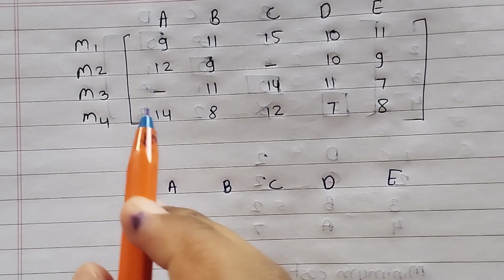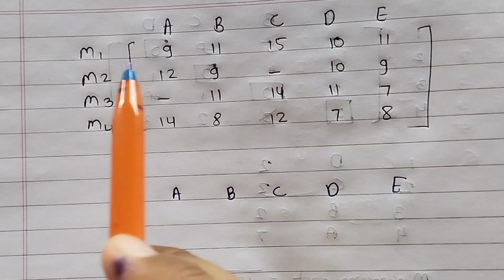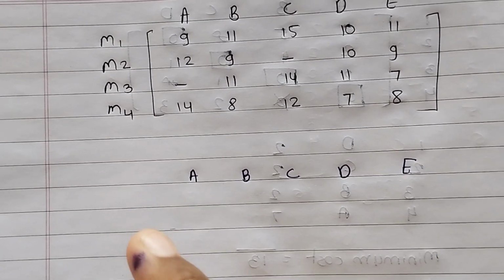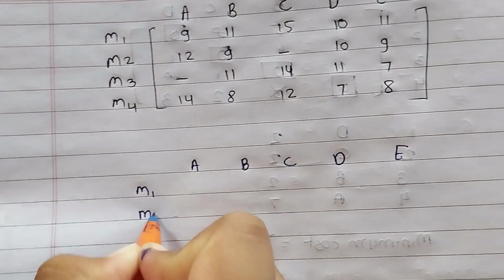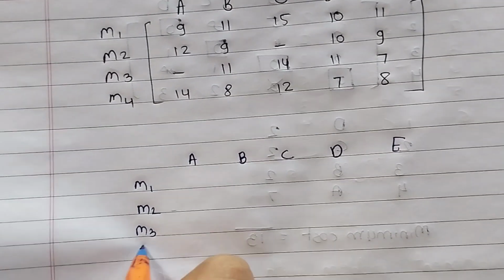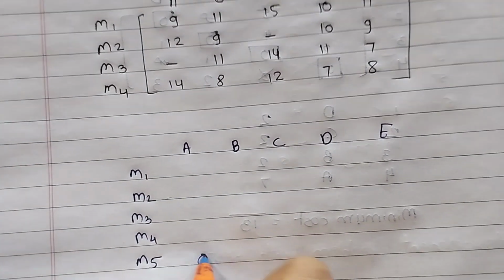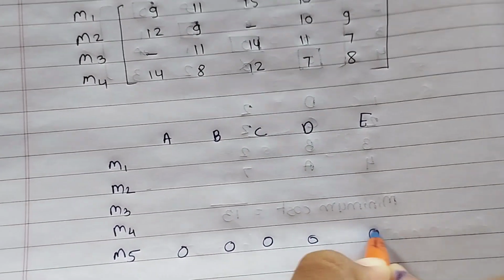Now here we want to add one dummy row, because the columns are 5 and the rows are 4. So we write one extra row which is the dummy row. So this is M1, M2, M3, M4, and now this is M5, the dummy row. So the value of the dummy row is 0, 0, 0.